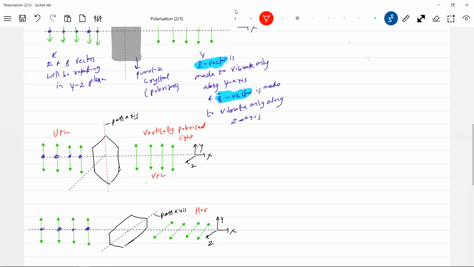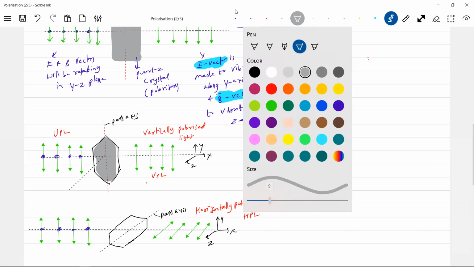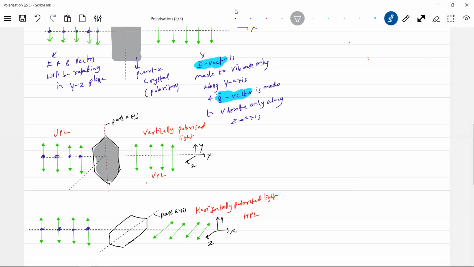This is horizontally polarized, HPL. Both are linearly polarized. We'll call them both linearly polarized here. And there's a quartz crystal or tourmaline, or artificially manufactured polarizers. Anything. So this is called a polarizer.